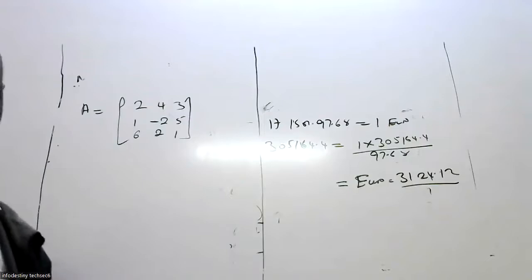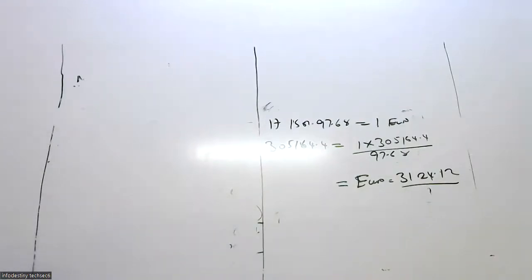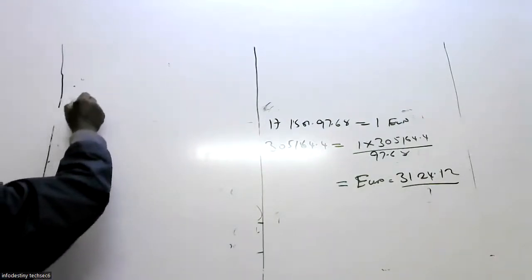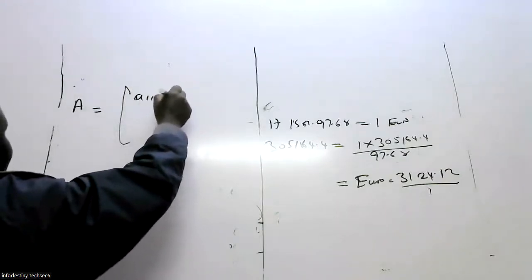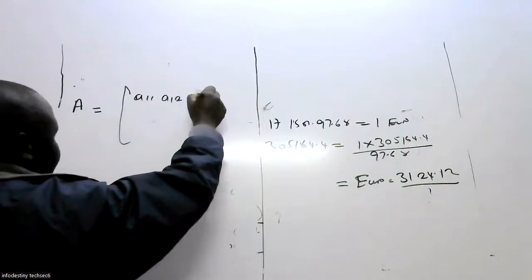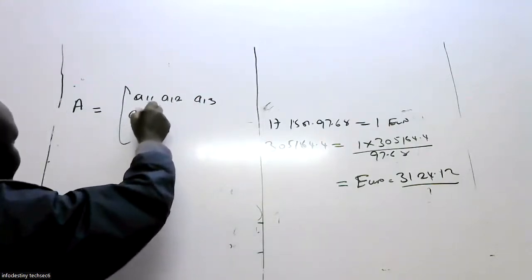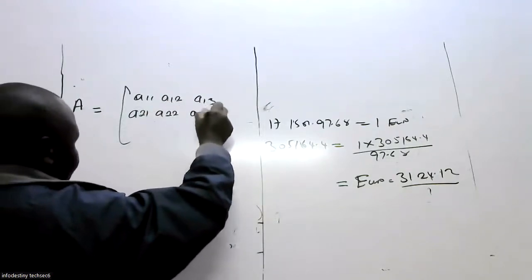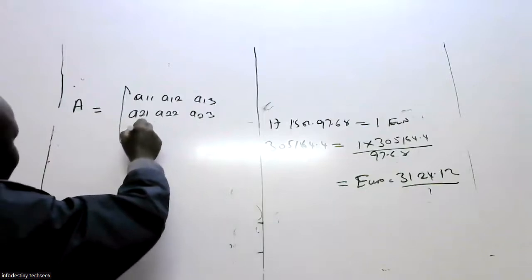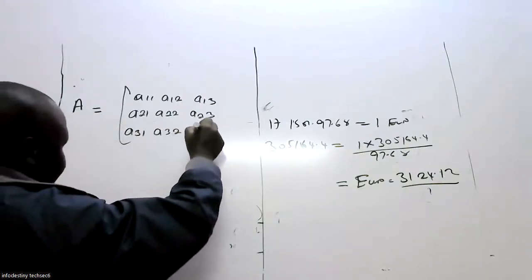So let's look at the general structure of a matrix. You can have a matrix A equals A11, A12, A13, A21, A22, A23, A31, A32, A33.